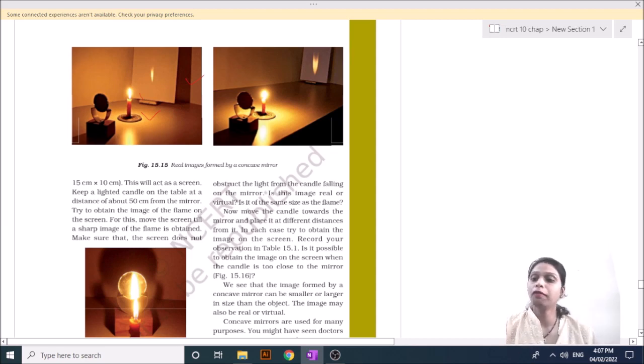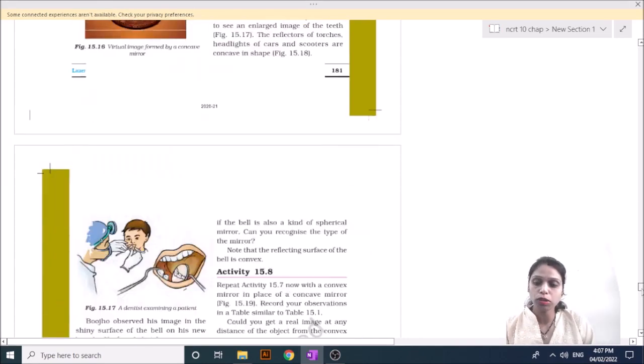What happens when you bring the concave mirror near the candle light? You will see that the image shown on the screen is large and erect, whereas in a convex mirror it is opposite.